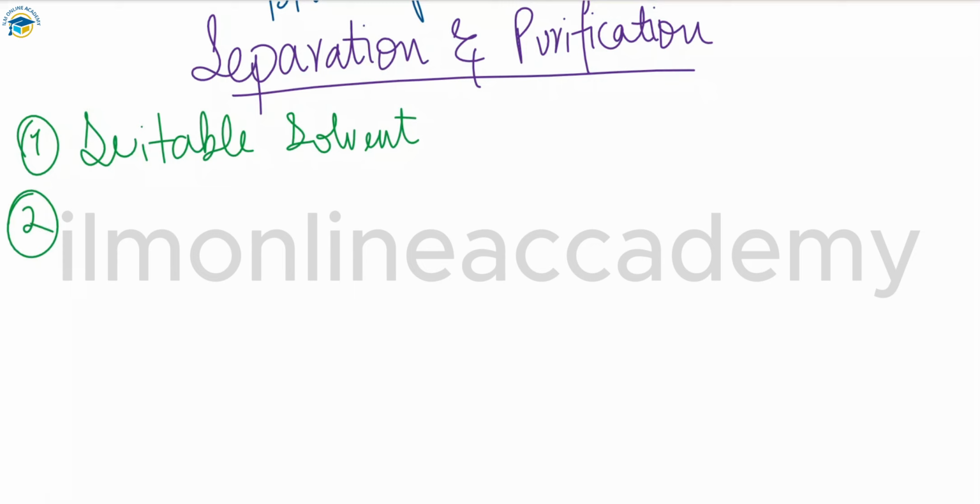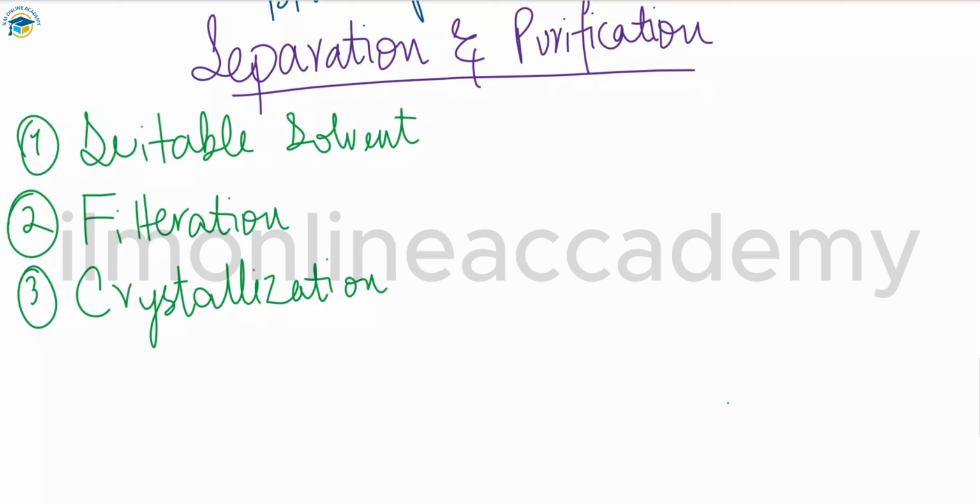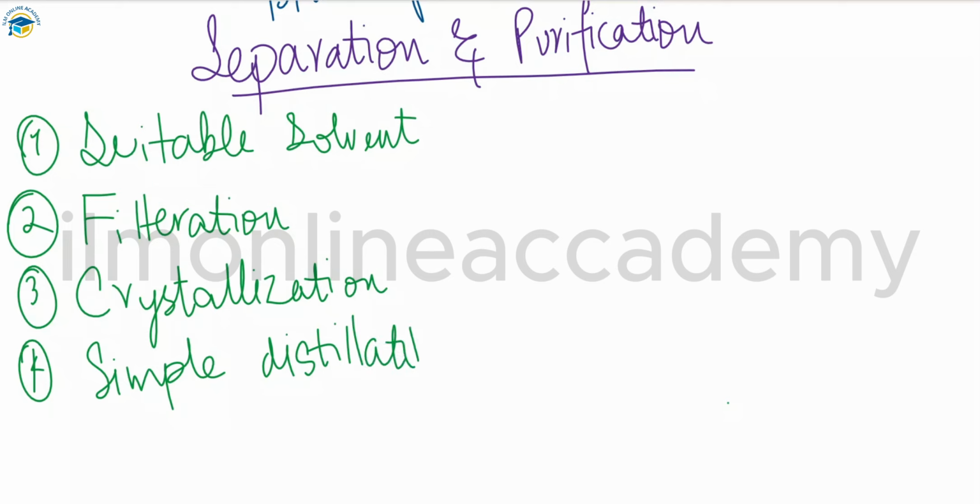Second, we have filtration. Third, we have crystallization. And next we have two different types of distillation that we will discuss. First, we have simple distillation, and next we will talk about fractional distillation. We have also read about fractional distillation in the chapter on extraction of metals.